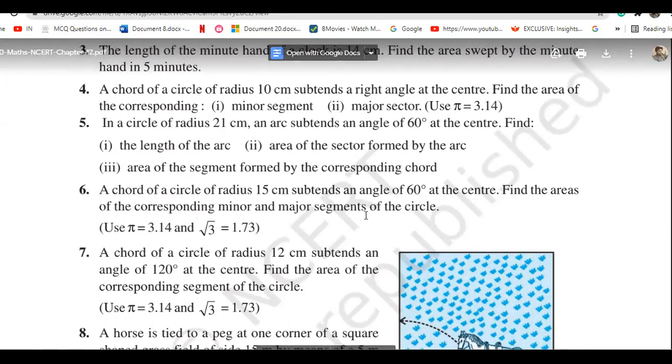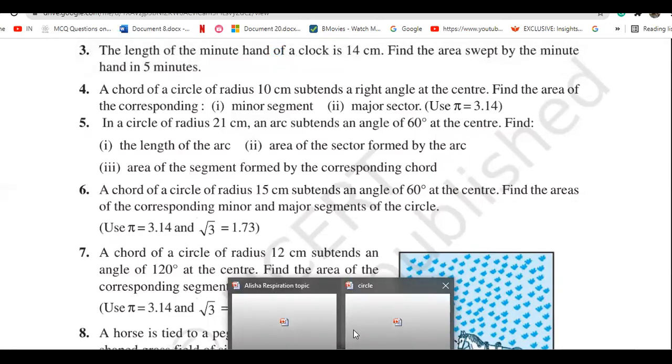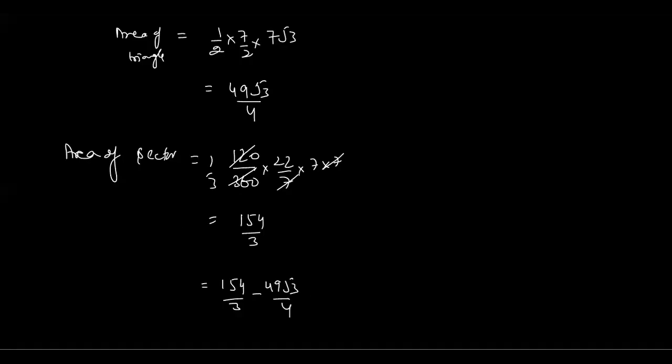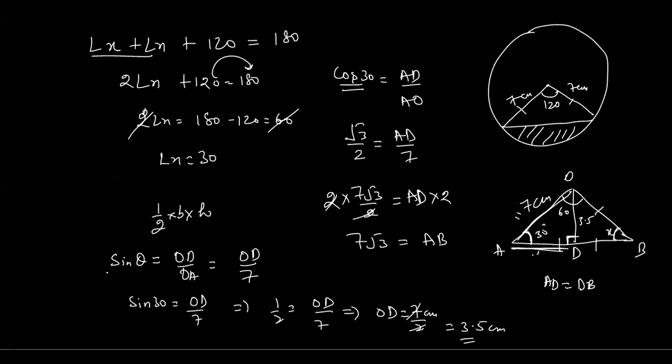Let me explain what the minor segment is and which is the major segment. This one is the major segment, and the minor segment is this one.